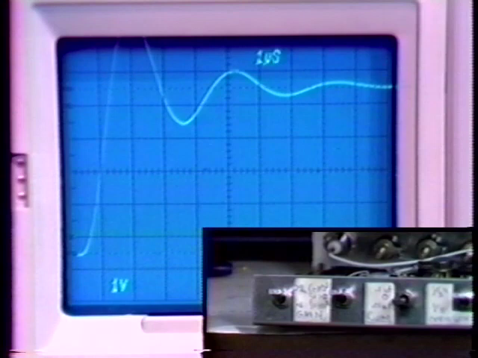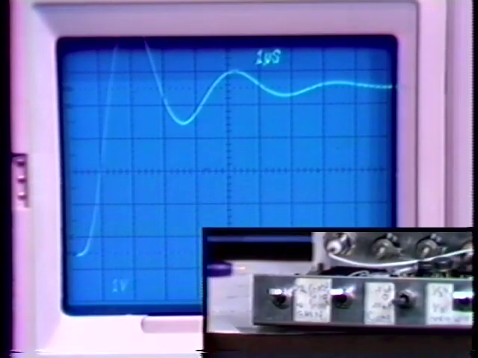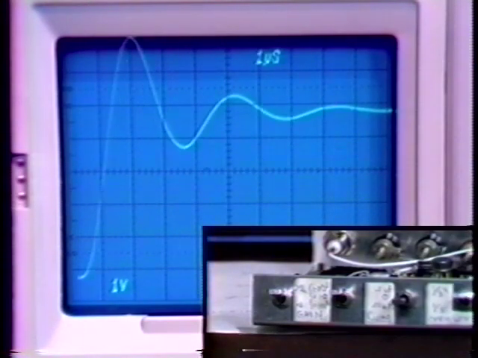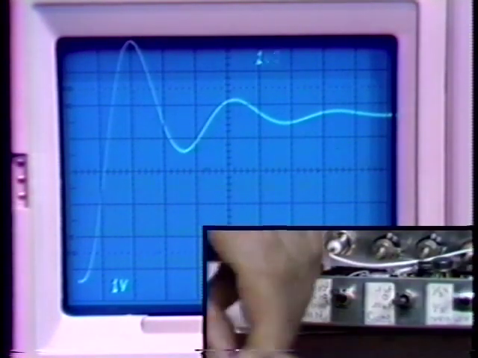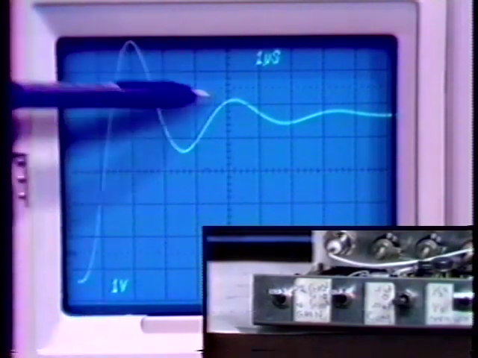Even with this much attenuation in the feedback path, the amplifier is actually still underdamped. We notice considerable overshoot in the step response with no compensation. We see there might be something like 30% overshoot or 40% overshoot.